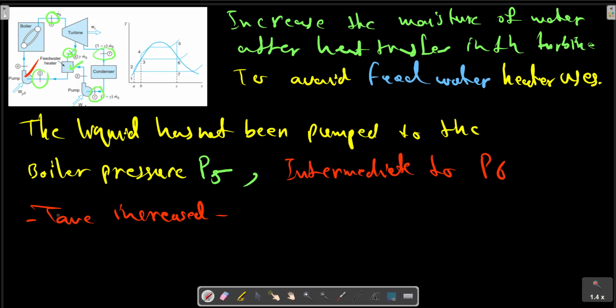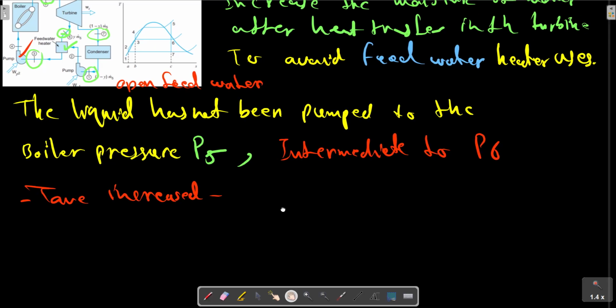Consider a control volume around the open feed water heater in this picture. We have these relations.